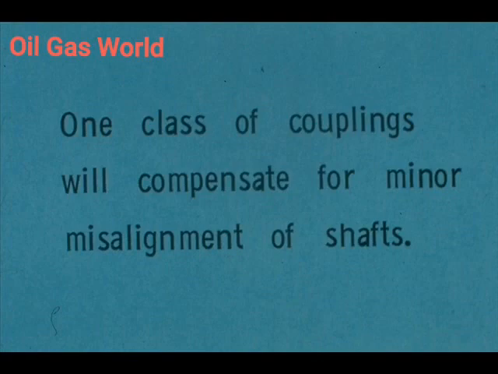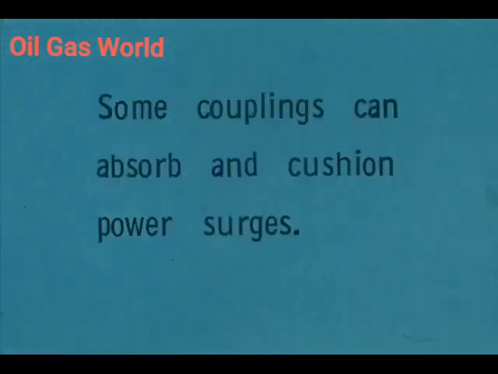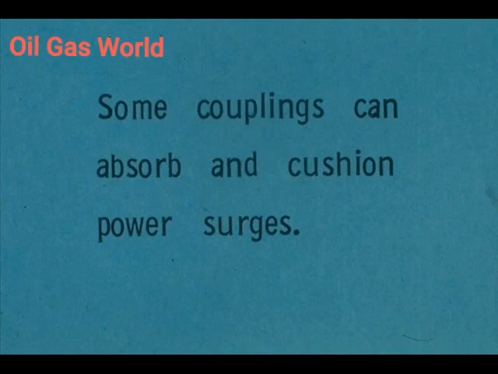We are referring only to minor misalignment, not major problems. Certain couplings are designed to permit a small amount of axial movement of the shaft during operation. There are also special couplings that are designed to absorb and cushion power surges between the driver and the driven equipment.